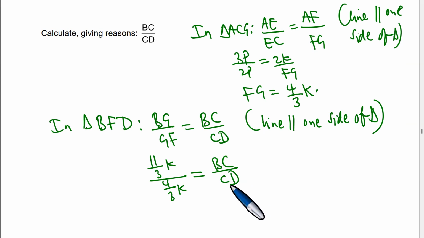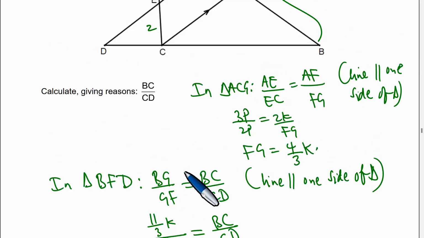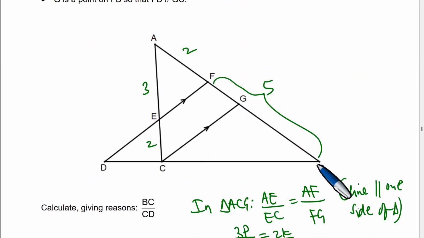You can see that at this point, FG is 4 out of 3 K, but what is BG? If you look very carefully, BG is exactly 11 out of 3.